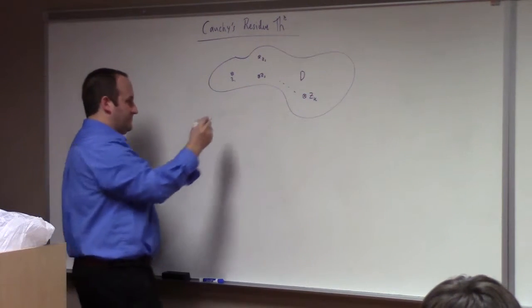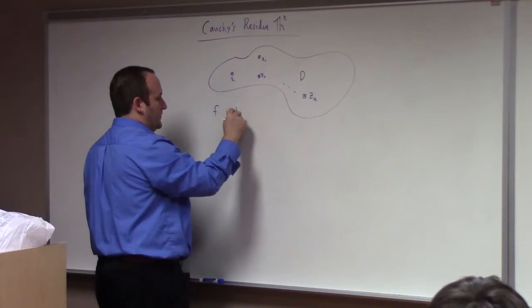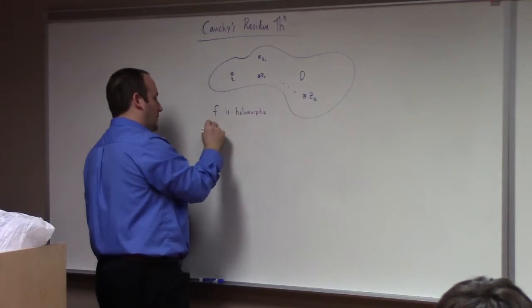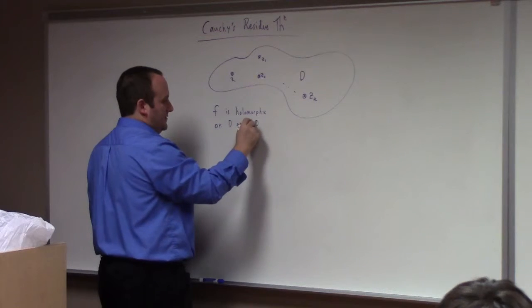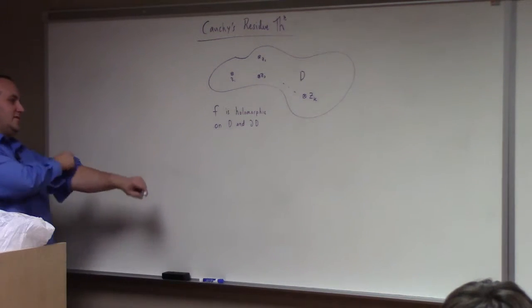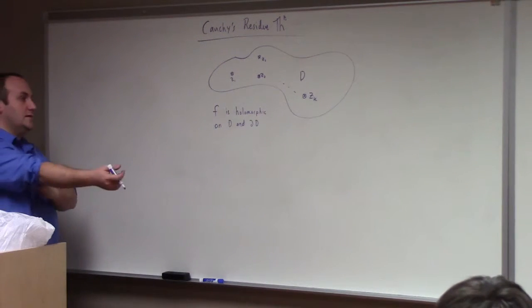So let's suppose that f is holomorphic on D and the boundary of D, and I'm thinking of D as a domain. When I say it's holomorphic on the boundary, I mean that it's holomorphic a little bit beyond the edge, all right?